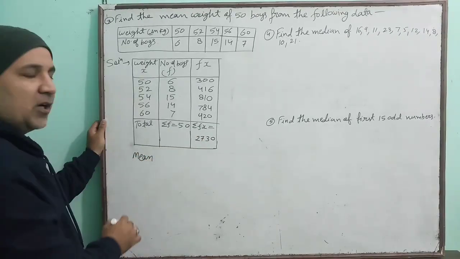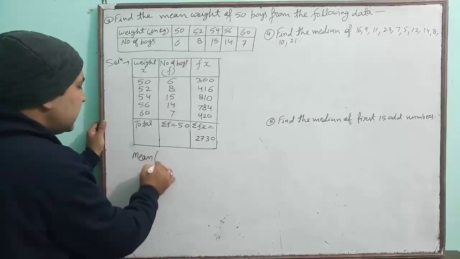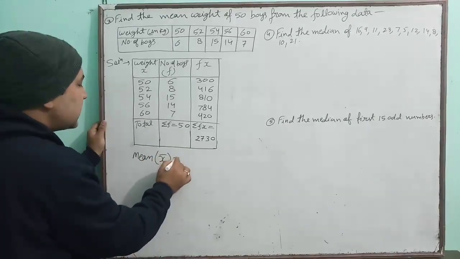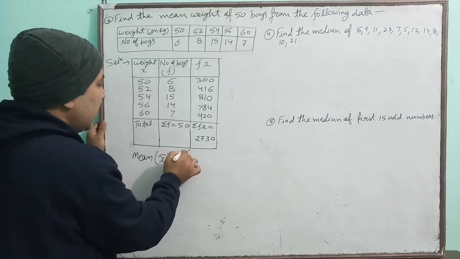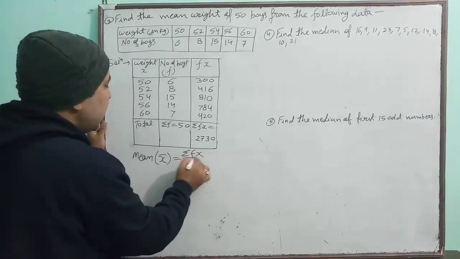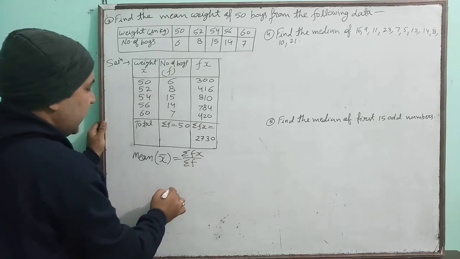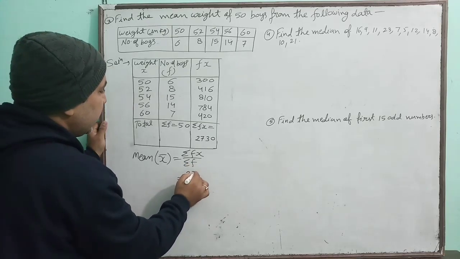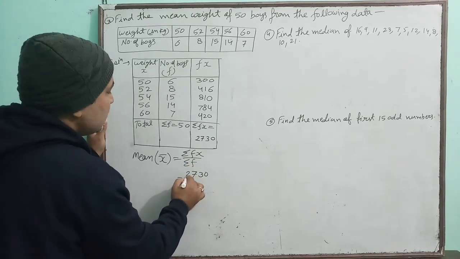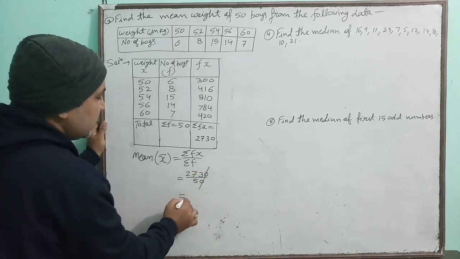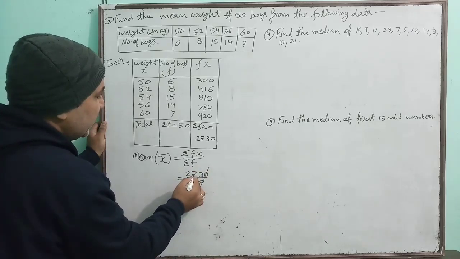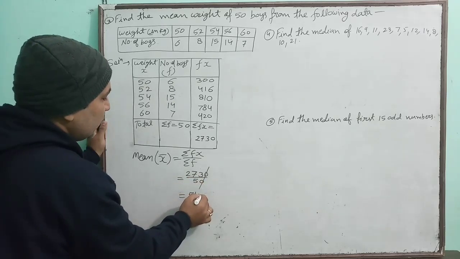Now apply the formula for mean. Children, mean is represented by x bar. This is the symbol for mean. Okay. Formula is sigma fx upon sigma f. So now put the value and calculate it. 2730 upon 50. 0 to 0 cancel. 5 into 5, 25. 5 into 4, 20.